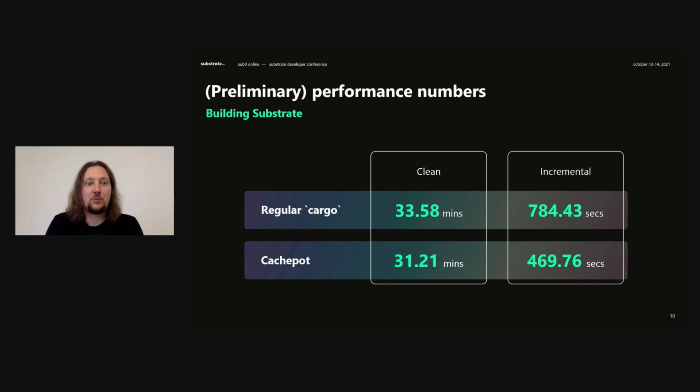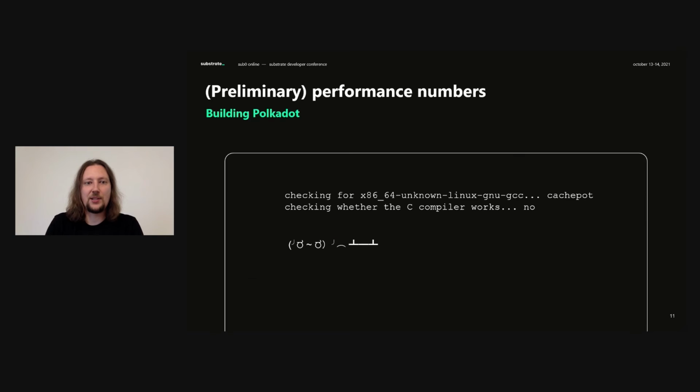Let's build Polkadot with a warm cache and let's see how much it saves. Yep, I was a little bit wrong about marvel of engineering, right? And this is basically the main caveat right now, and this is why you don't see Cachepot used in our public build pipelines yet. We still struggle with certain advanced C compiler wrappings, and because of that, we cannot build Polkadot right now.